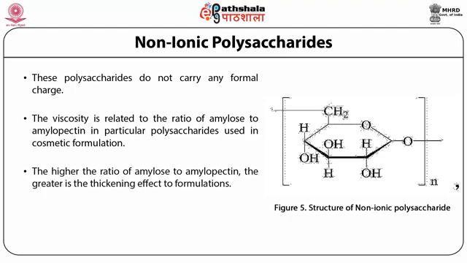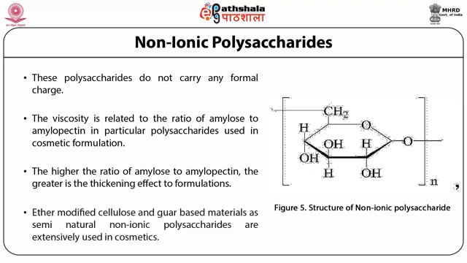The higher the ratio of amylose to amylopectin, the greater the thickening effect on formulations. Ether-modified cellulose and guar-based materials, as semi-natural non-ionic polysaccharides, are widely used in the cosmetic industry.